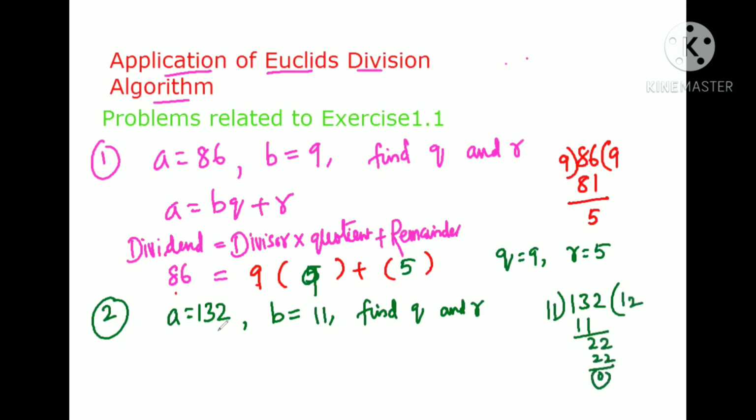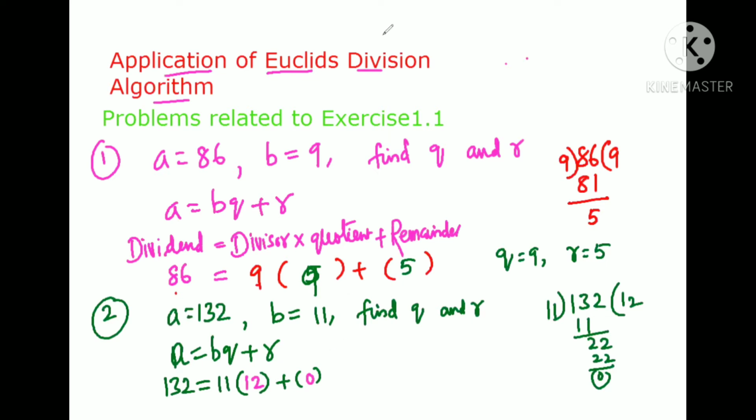If you can do it directly, you can write directly: a is equal to bq plus r, 132 is equal to 11 times q plus r. Q you don't know, r you don't know, you have to find out. So here q means 12 and r means 0. In this way, we can find q and r.